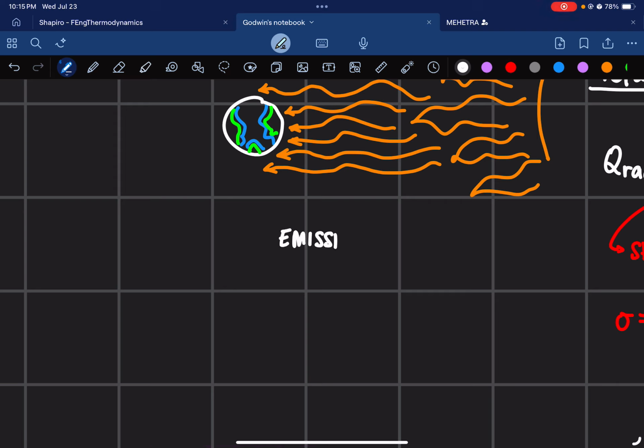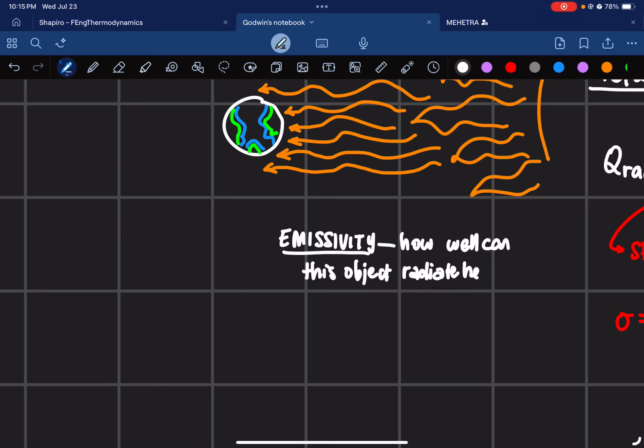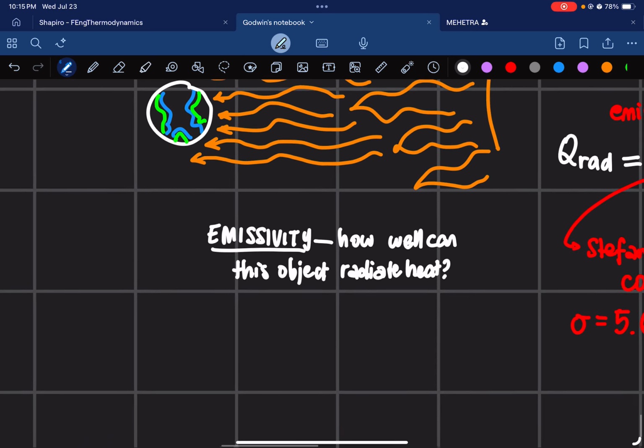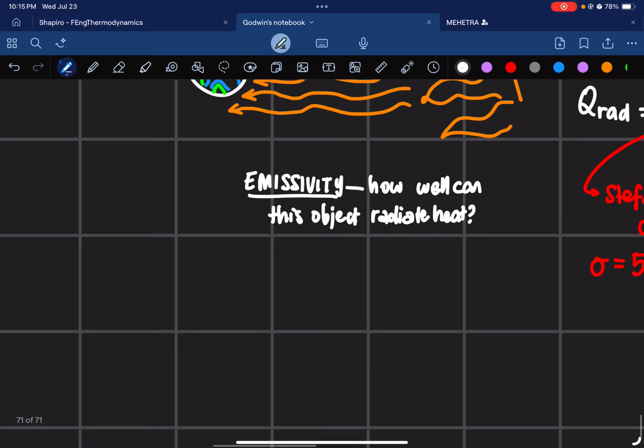How well can this object emit or radiate heat? This will only be on a scale of 0 to 100%. It only goes from 0 all the way to 100%.